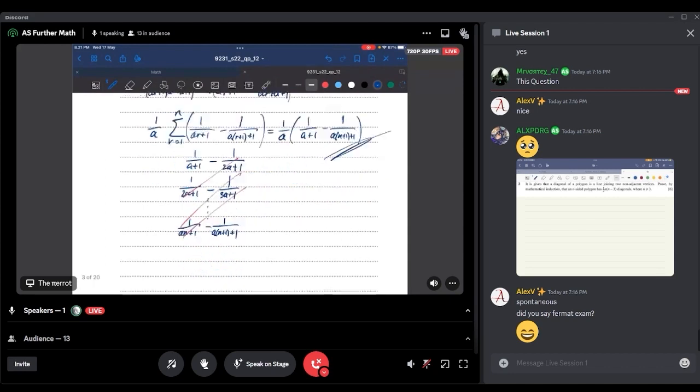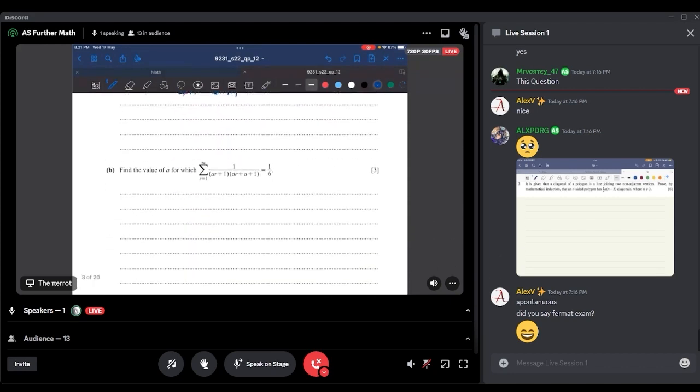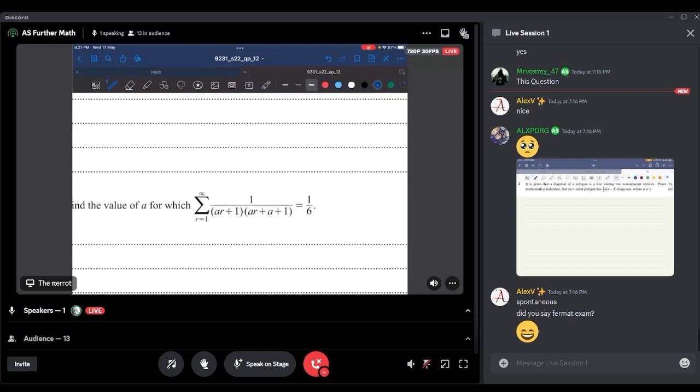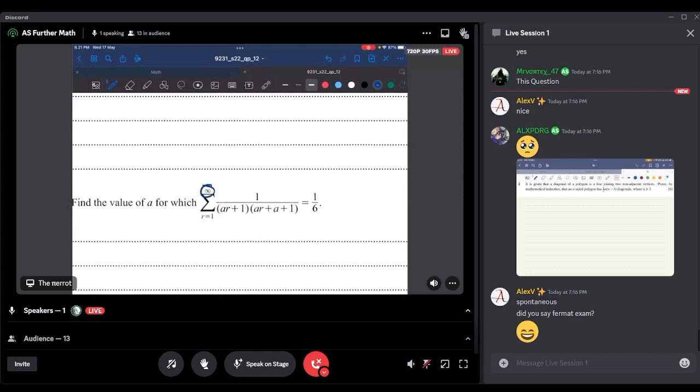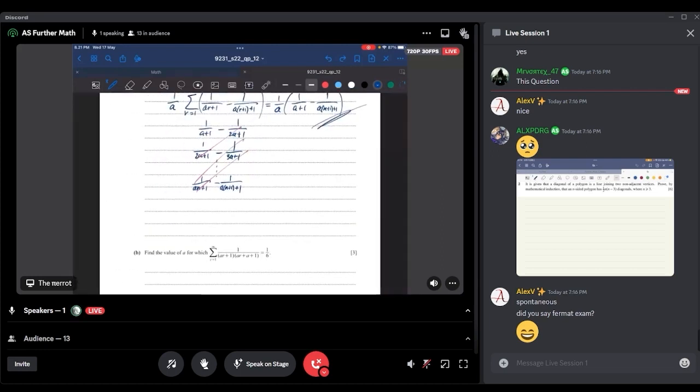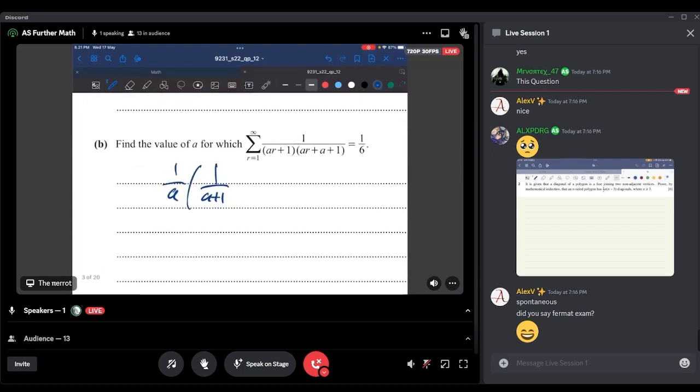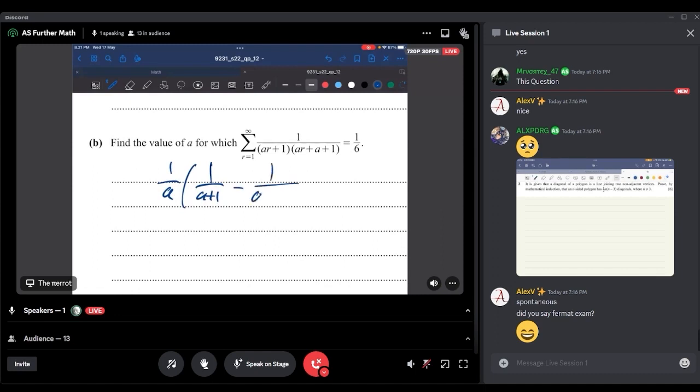Now that you have this, let's go to the next question. Find the value of A for which this sum to infinity is 1 over 6. Well, the only difference here is that we have an infinity here, whereas we had an n before. So essentially, we're taking n to infinity. So I'll just copy this down again. 1 over A plus 1, minus 1 over An plus A plus 1.